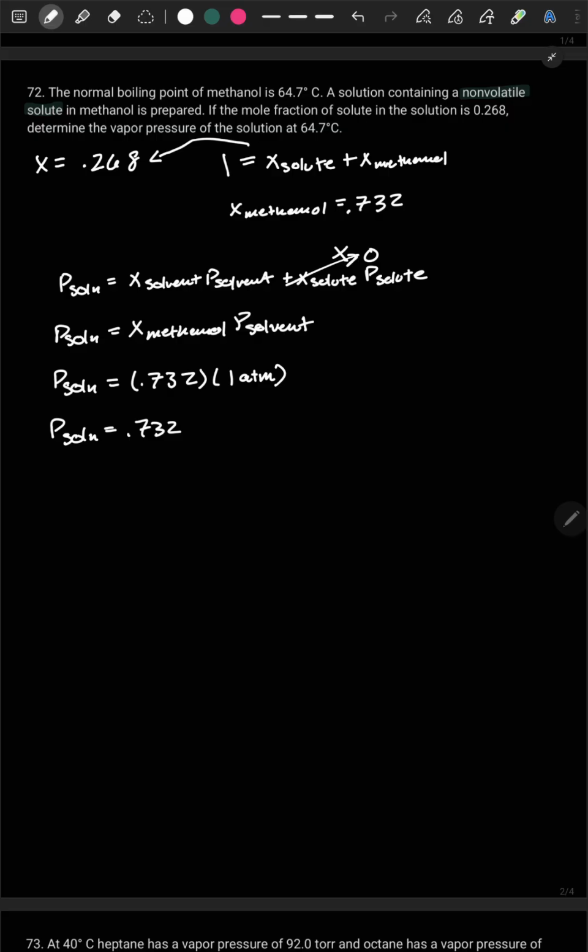So it makes sense that it wouldn't be the normal, right? Because if we were going to have a 1, it wouldn't make sense here. It makes sense that it is going to be less, because we have a non-volatile solute in the entire solution.